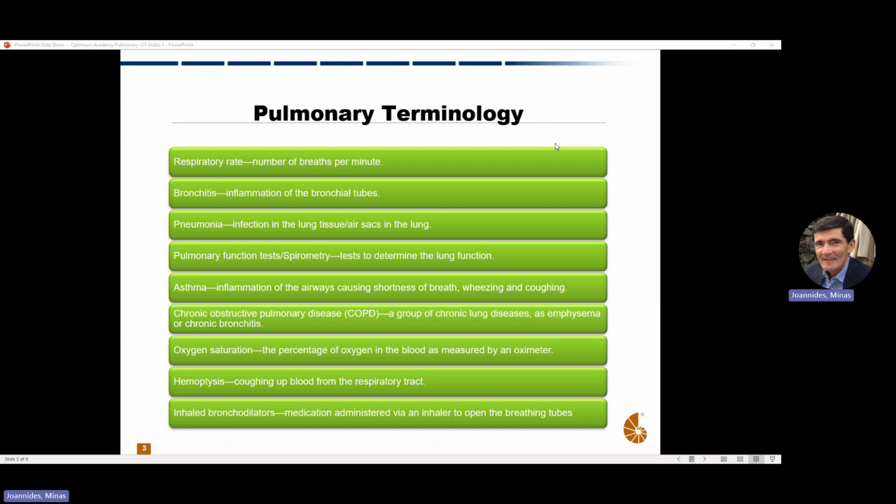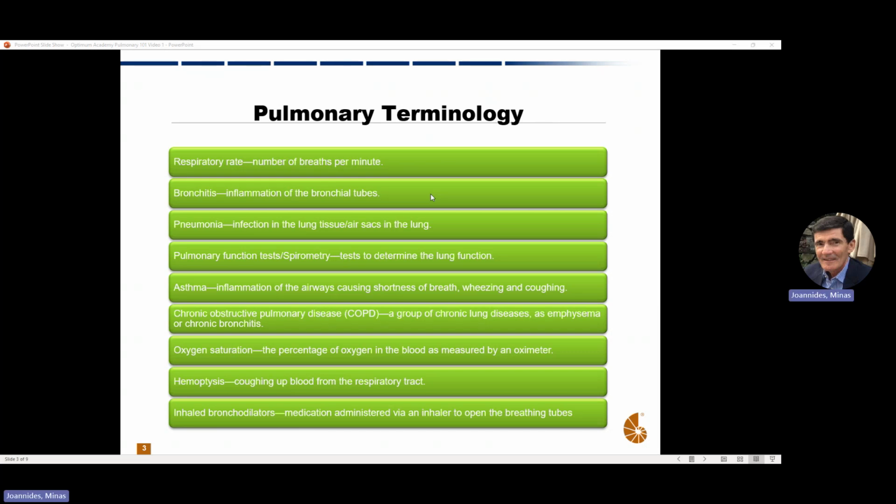The respiratory rate is the number of breaths per minute. Bronchitis is an inflammation of the bronchial tubes. It can be from an infection or just an irritation from some other inflammatory process. Pneumonia is an infection in the lung tissue involving the air sacs of the lung.